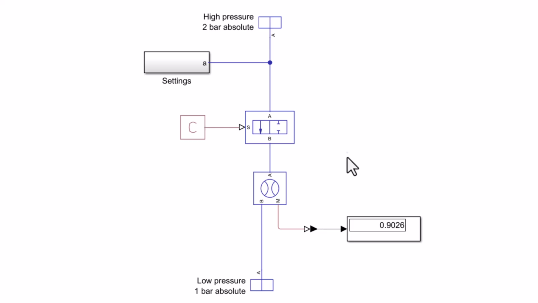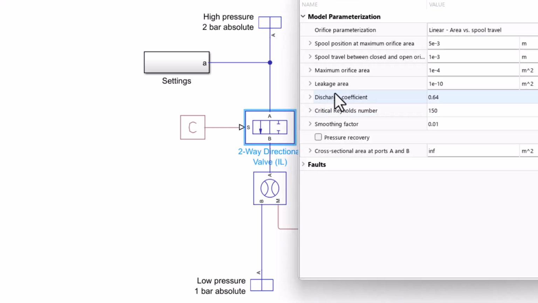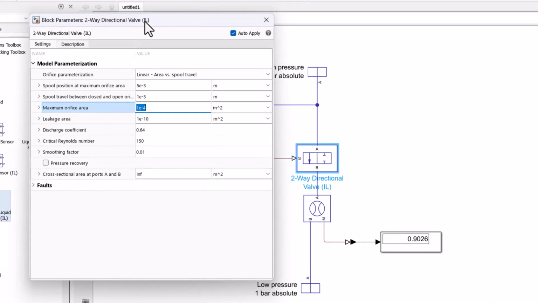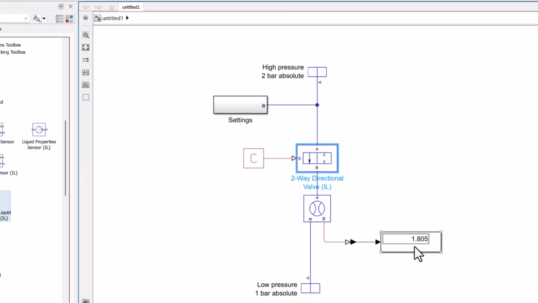So right now, you know how to modify this value. You know that the discharge coefficient or the maximum orifice area can change the flow rate or the hydraulic resistance of this component. So for example, if I double the area, then the flow rate is going to be doubled too.